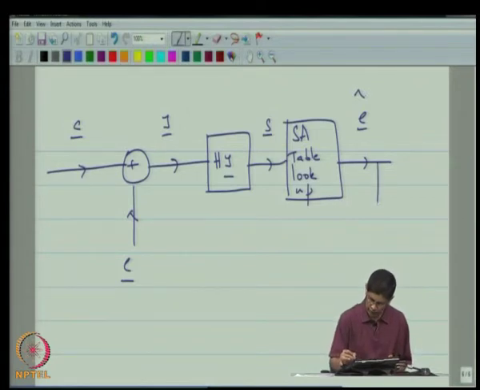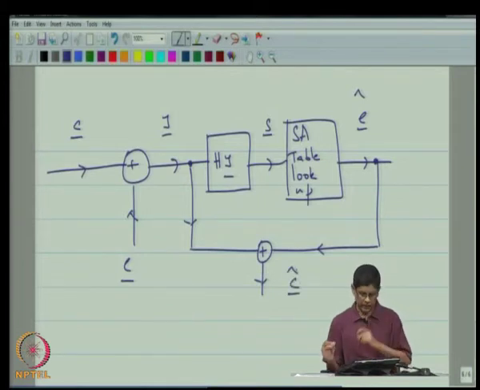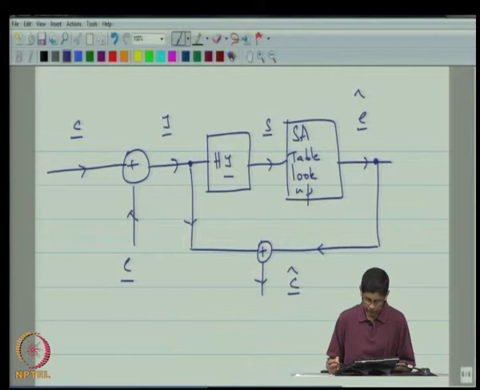And then you take the output of this and this and you add the two. Now this is your C hat, your decoded code word.